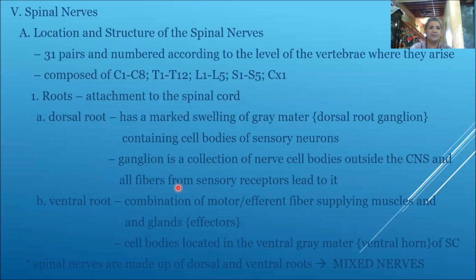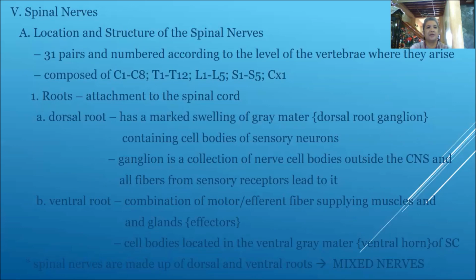So you have your spinal nerves. There are 31 pairs, and they are numbered according to the level of the vertebrae where they will arise.